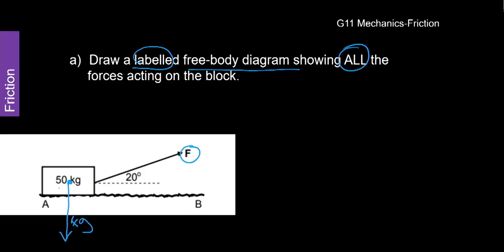The normal force is between the surface and the object. Some of you write it as a big N. And then they've told us that there's a rough surface, so there must be a frictional force. I don't think we've left anything out. That looks good, so we're now going to put that into our free body diagram.